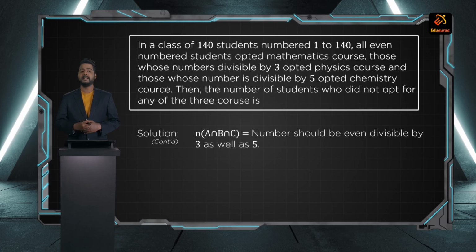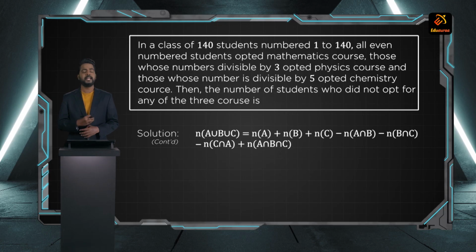Now n of A intersection B intersection C. It means number should be even as well as divisible by 3 as well as divisible by 5. So the LCM will be 30. So n of A intersection B intersection C will be equal to 140 upon 30 inside greatest integer function. That will be equal to 4.